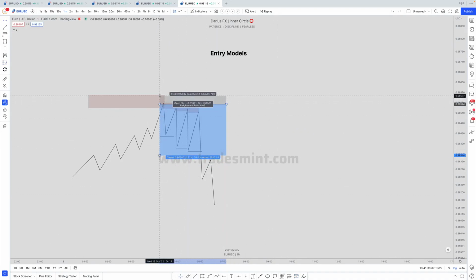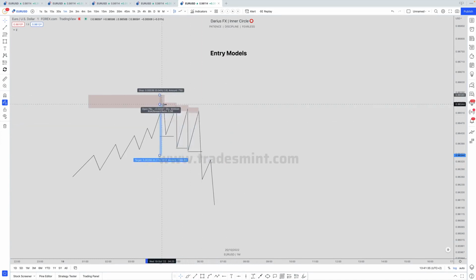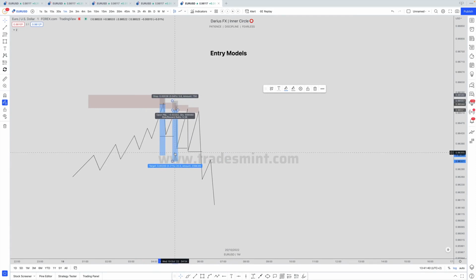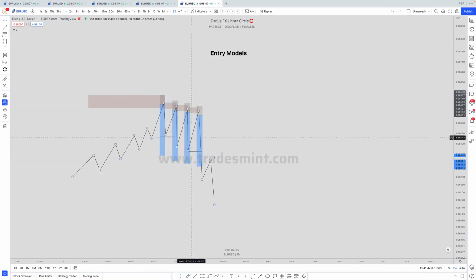Now let's say you want to wait for a little bit of extra confirmation. You see price giving you the reaction. Maybe then you say, okay, it's starting to establish some form of order flow, and you're just starting to re-enter and re-enter, which is totally fine, right? Because price continues to go lower and lower, and for us what's relevant is that price is taking out some form of flow, okay?